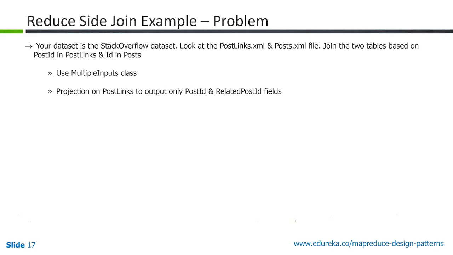But you need to be able to distinguish, in our case, across these different data files. So for simplicity, we're going to use a class called multiple inputs class. In multiple inputs, you provide the source, you provide the mapper which is supposed to operate on that data set, and then it takes care of doing the things for you.